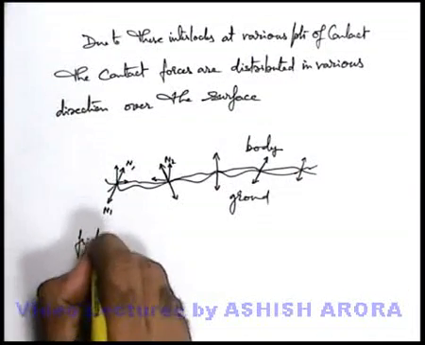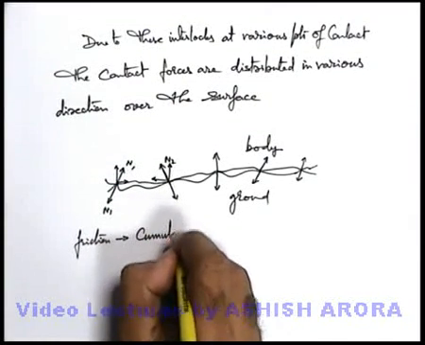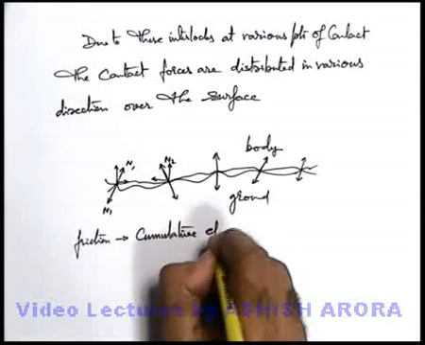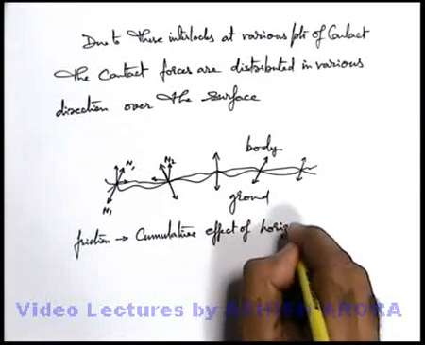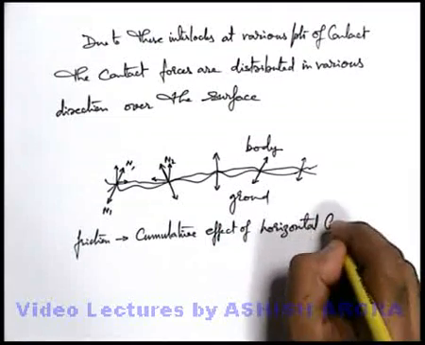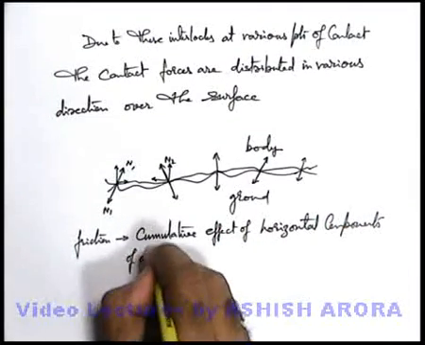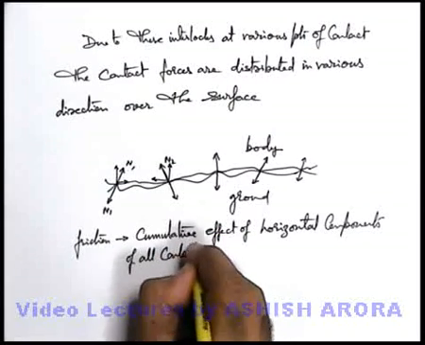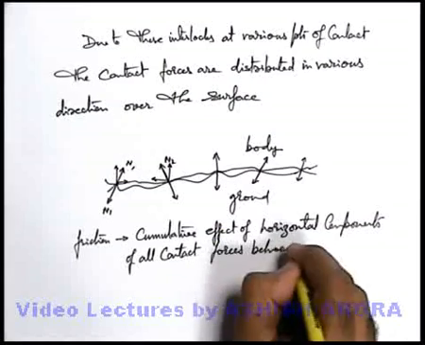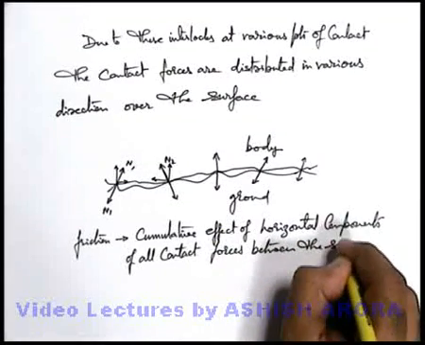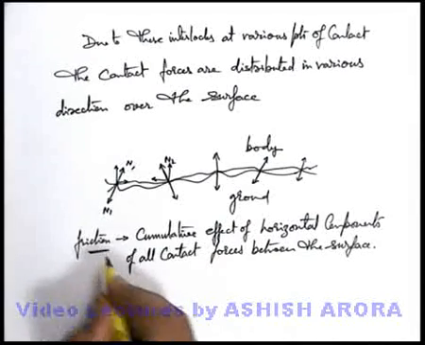So friction is the cumulative effect of horizontal components of all contact forces between the surfaces. We can simply state this cumulative effect is the friction.